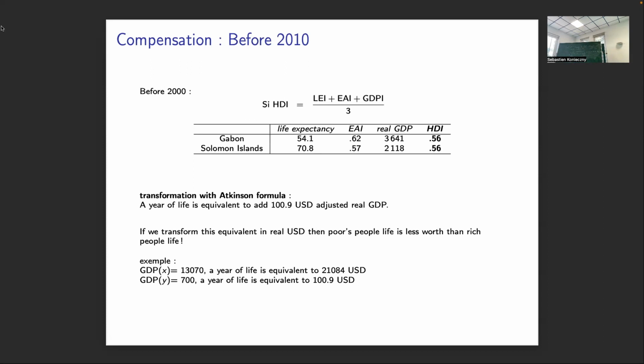But in these methods, you can put a veto saying that, okay, Gabon is better than Solomon for the majority of the criteria, but the gap in the minority of criteria is too big. So I cannot say that Gabon is better than Solomon Islands.